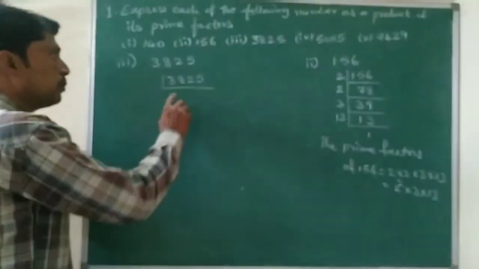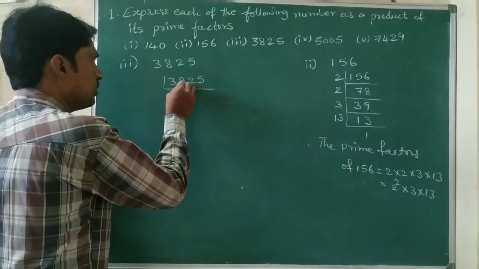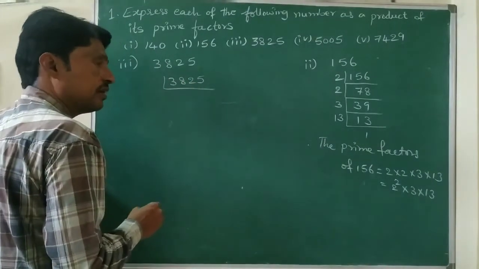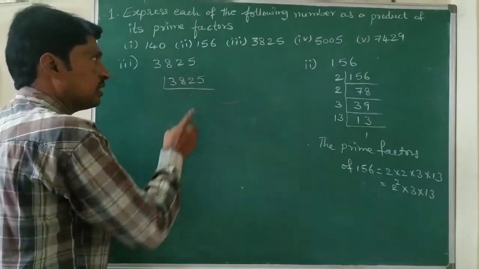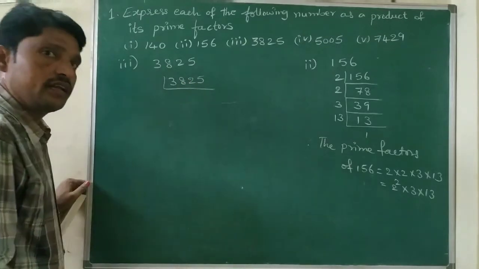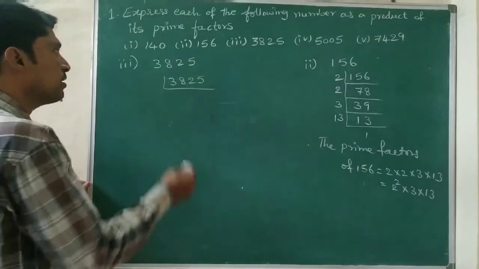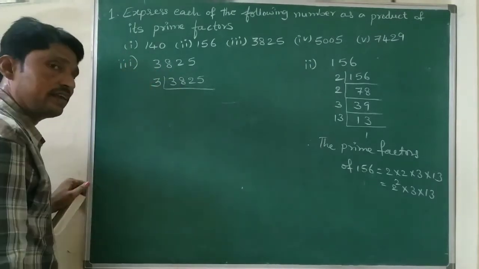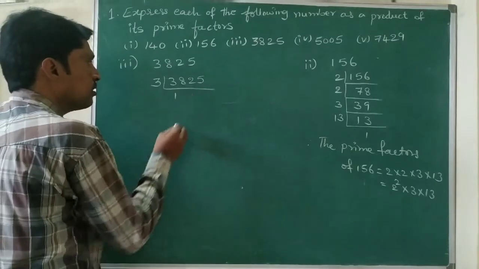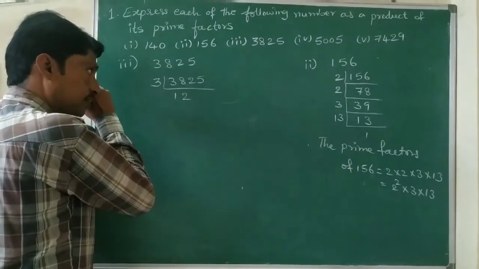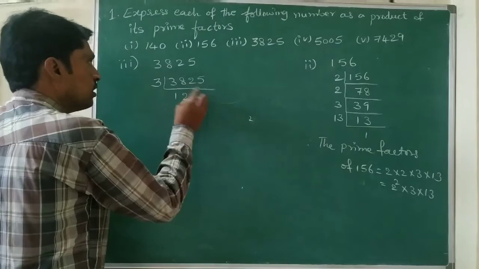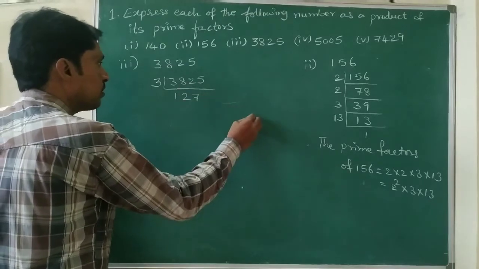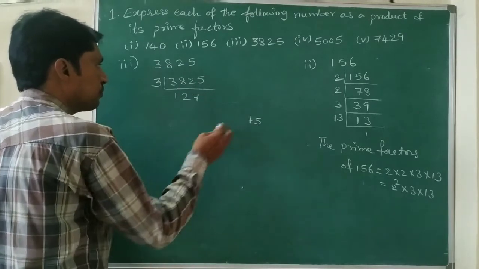So now check whether it is divisible by 3 or not. 3 plus 8 is 11, 11 plus 2 is 13, 13 plus 5 is 18. 18 is a multiple of 3, means it is divisible by 3. So the prime number we need to take is 3. 3 1s are 3, 3 2s are 6, 2 remained. 3 7s are 21, 1 remained. That number now becomes 15.